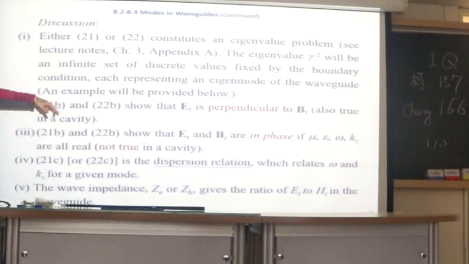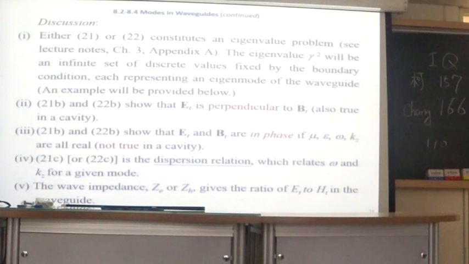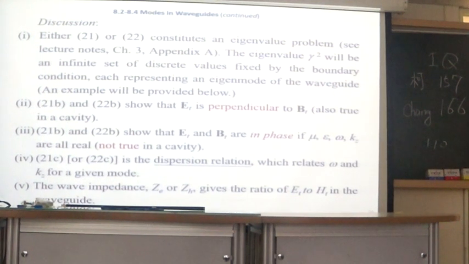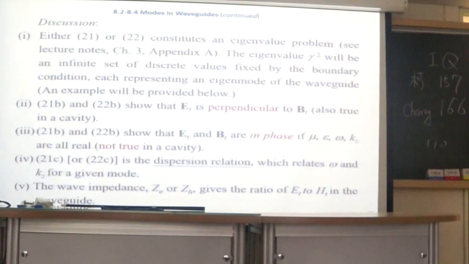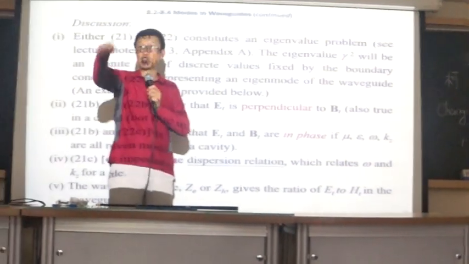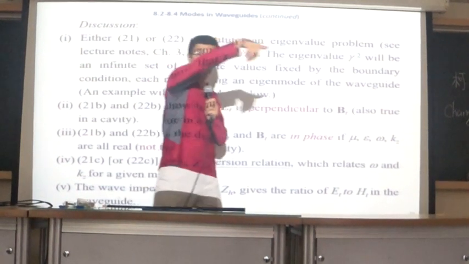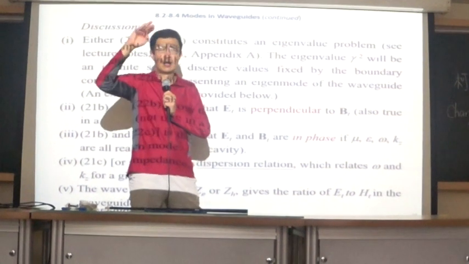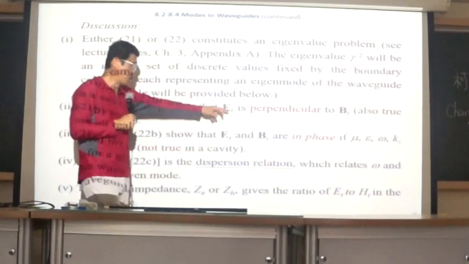And it shows that E transverse is perpendicular to B transverse. Yes, in this case it's true, just like a plane wave, E cross H, E perpendicular to H. Yes, in this case.